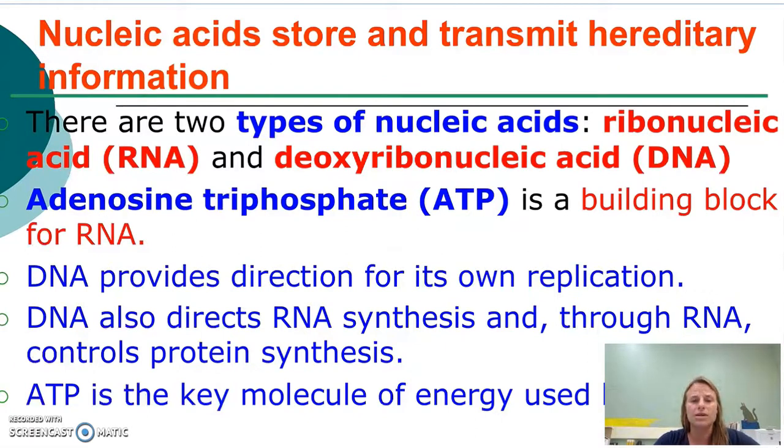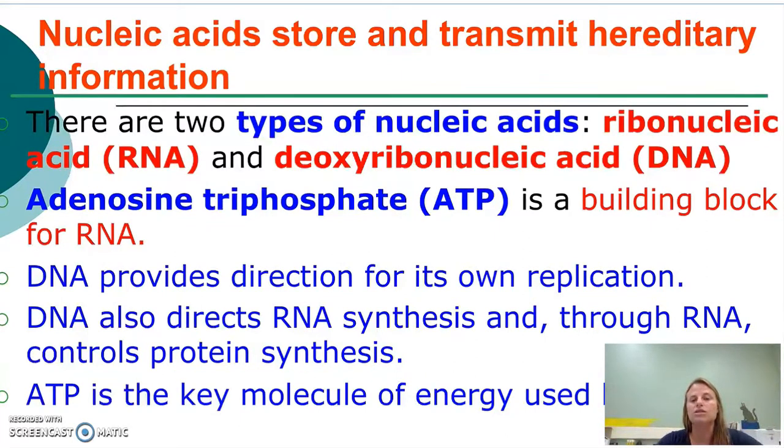The two types of nucleic acids are ribonucleic acid, RNA, and deoxyribonucleic acid, DNA, where adenosine triphosphate, or ATP, is also categorized as a nucleic acid because it's a building block for RNA. So DNA provides directions for its own replication. It's the blueprint.